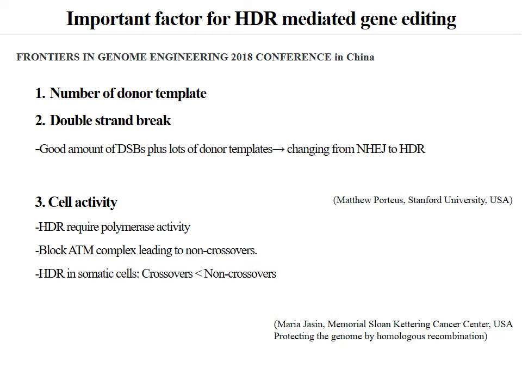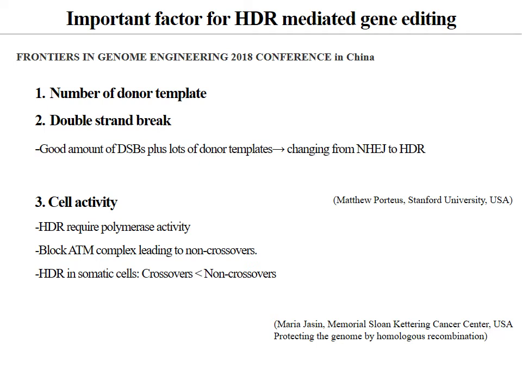So first is the number of donor templates, because in the native DNA repair pathway, the sister chromatid plays the role as template, but in genome editing we can provide the template. So if we increase the copy number of template, that gives a high chance to meet the double strand break DNA and template. So it's very important.